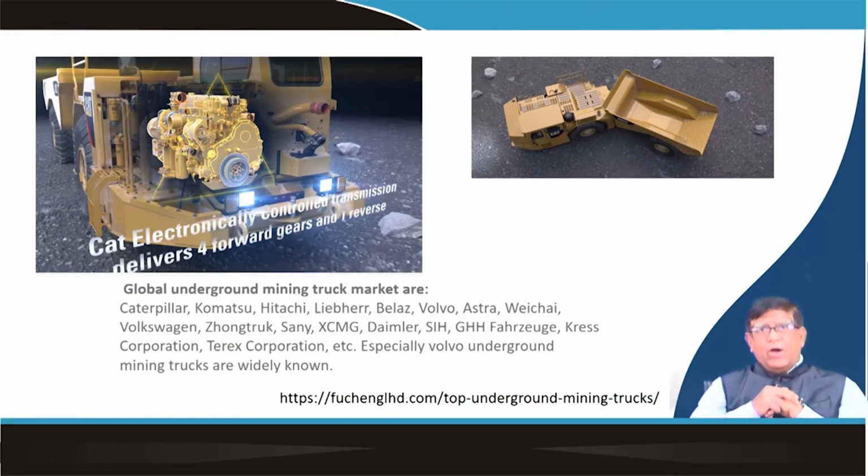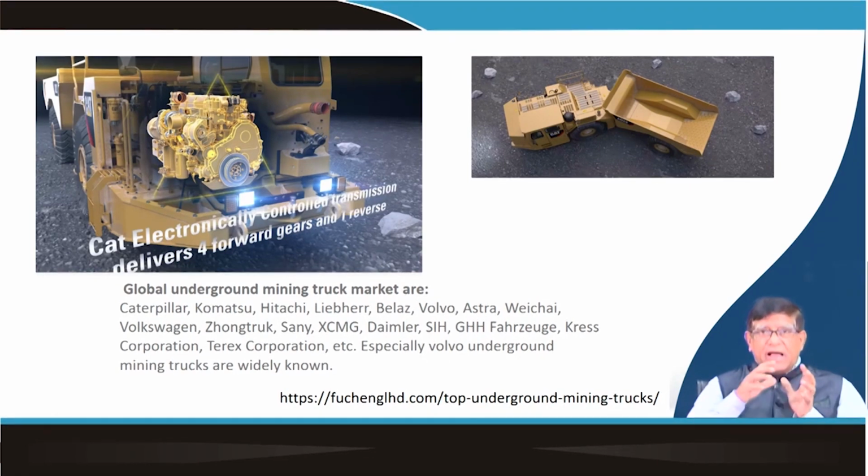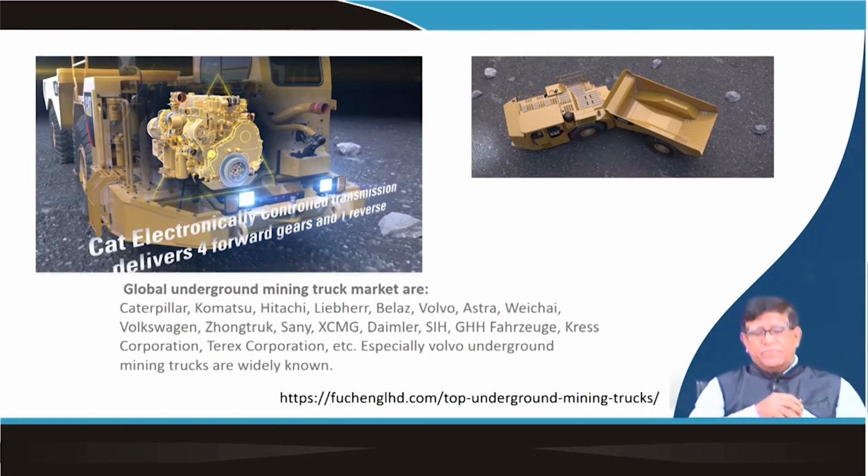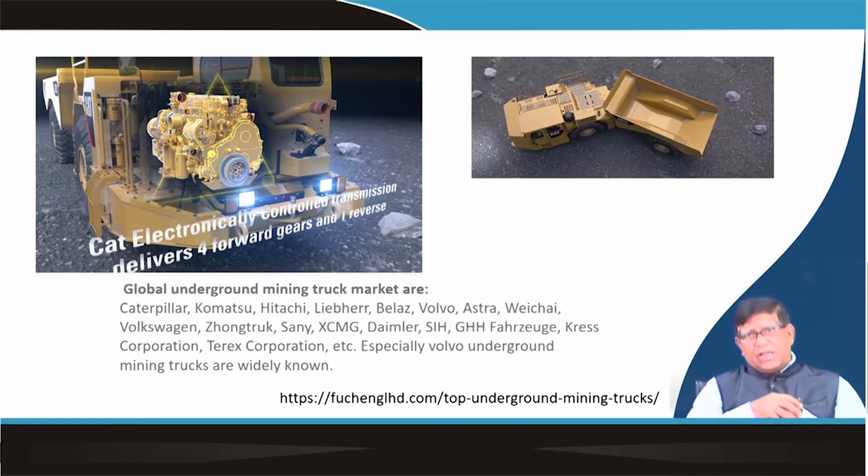And you can see that globally a lot of companies are there, particularly Caterpillar, Komatsu, Hitachi, Liebherr, Bellage, Volvo, Astra, Weichai, and then Volkswagen, Johnstruck, Sany. These other automobile manufacturers are also manufacturing this type of machine these days, because the component manufacturers are globally few.